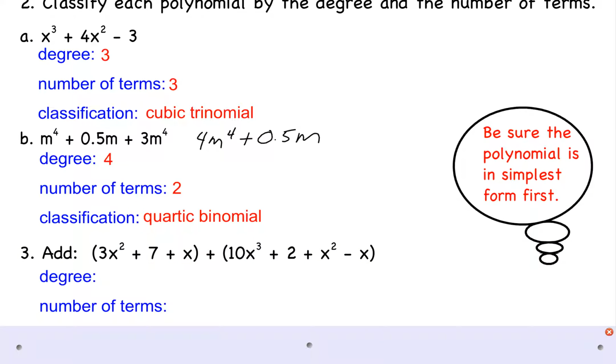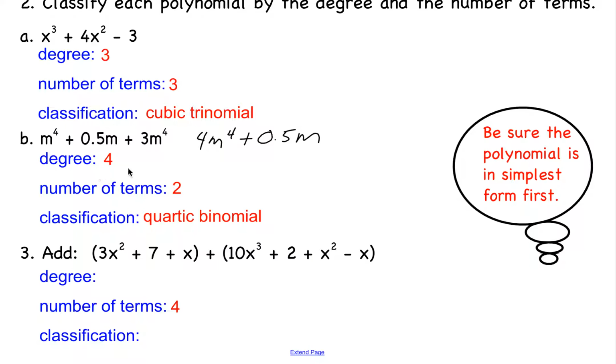And then our third example here on this slide, again, we have to combine our like terms. So we end up with 10x cubed, and then plus a 3x squared and 1x squared is plus 4x squared. Our x's drop, and then we have plus 9. So it looks like we had 4 terms. We have a cubic term, we have a quadratic term.